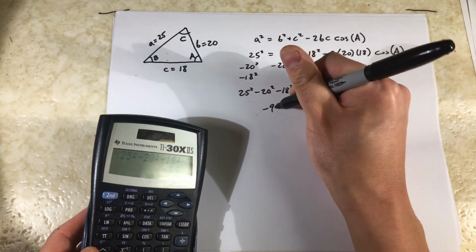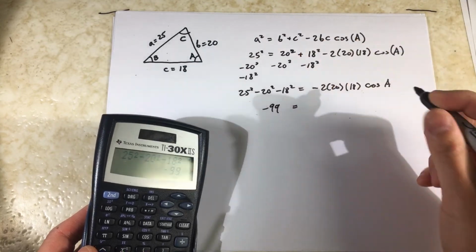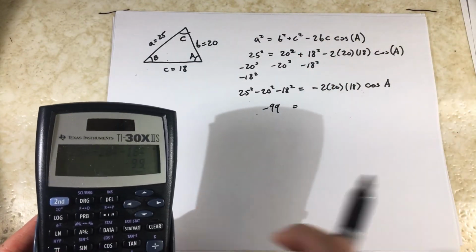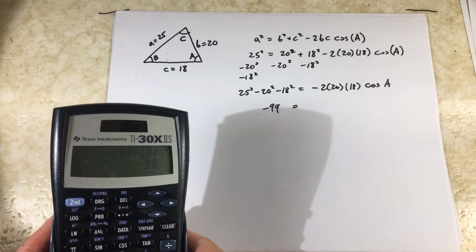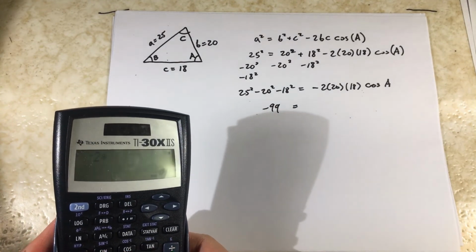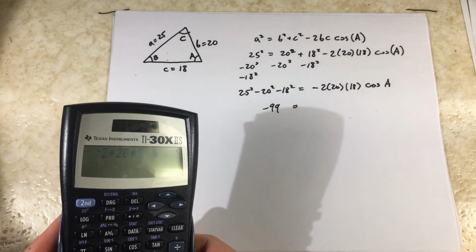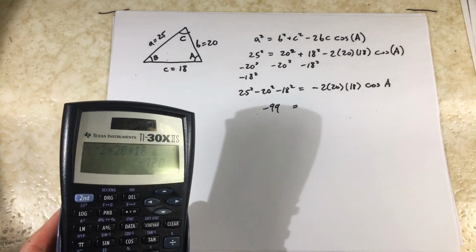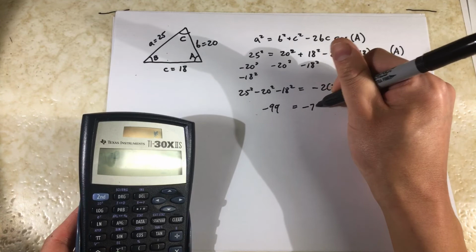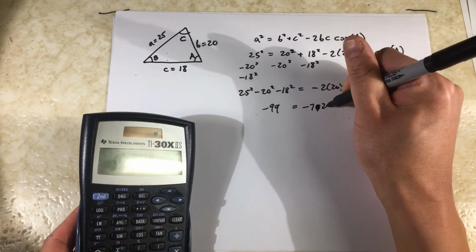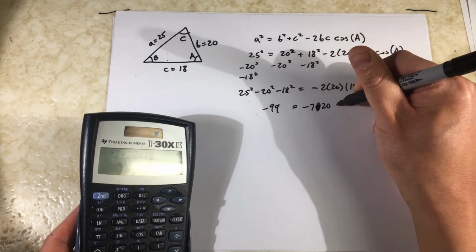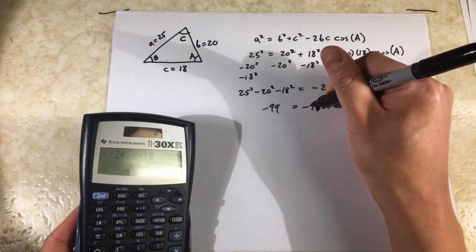Don't let that negative sign scare you because we're going to have a negative sign over here, but even if we didn't, it's still okay. So I'm going to have negative 2 times 20 times 18. Get negative 720. Cosine A. Here, let me just write this.